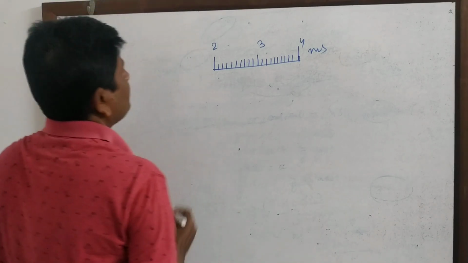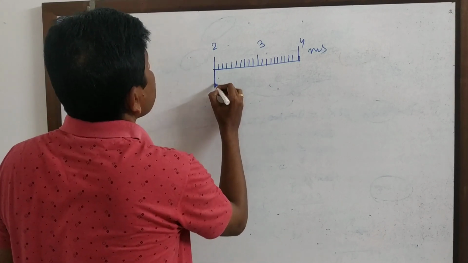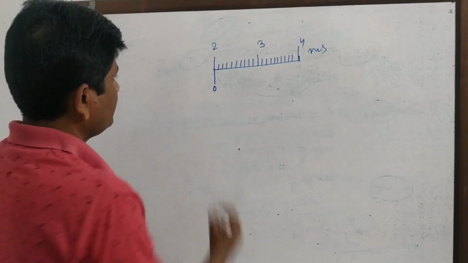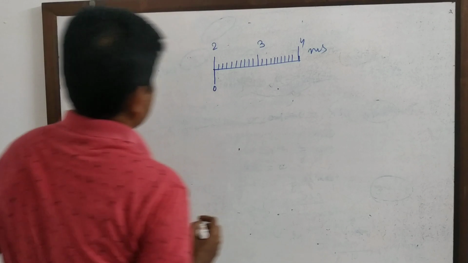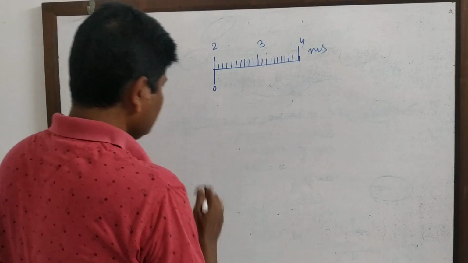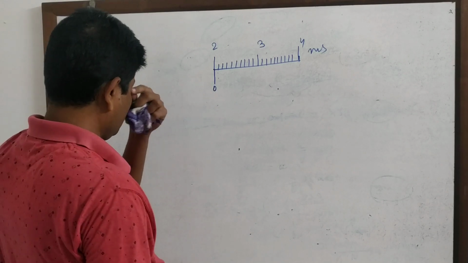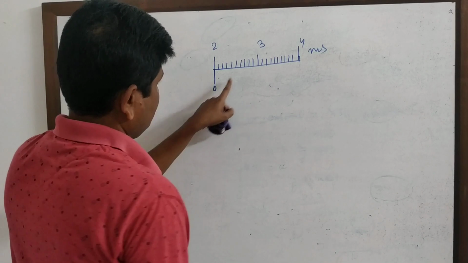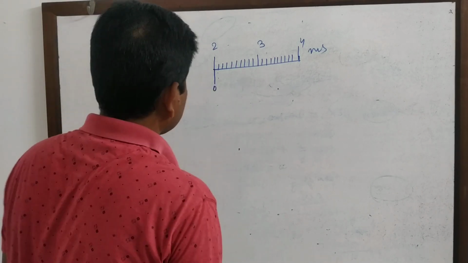Now, this is the zero mark of the vernier scale. We have to see where the zero mark crosses the mark of the main scale.